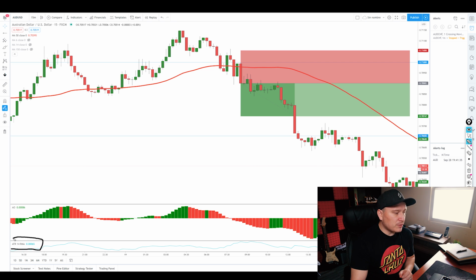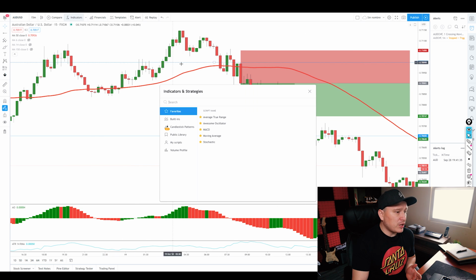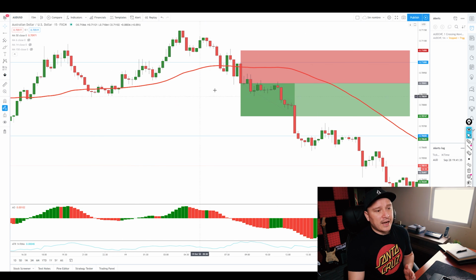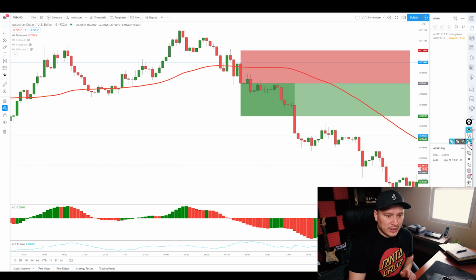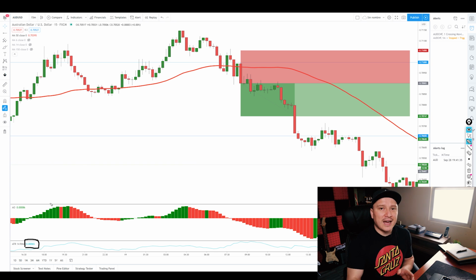This is another extra tip. Use the ATR. ATR, or average true range, is an indicator that you can also get right here. You just add it. Now, what does this indicator do? Well, this is very simple. It gives you this specific average, which is the average number of pips that the last 14 candles have had.